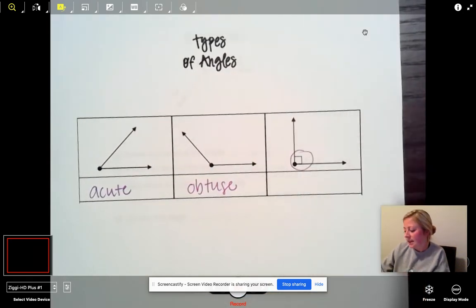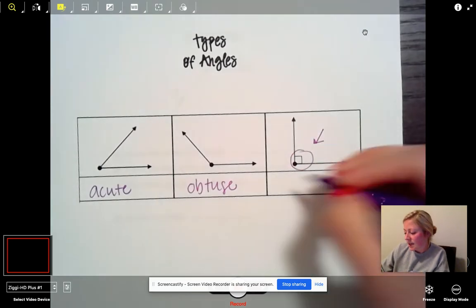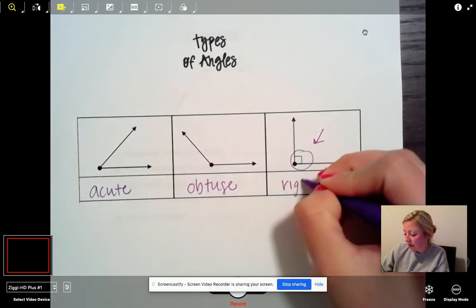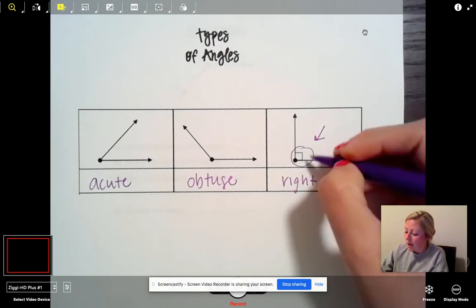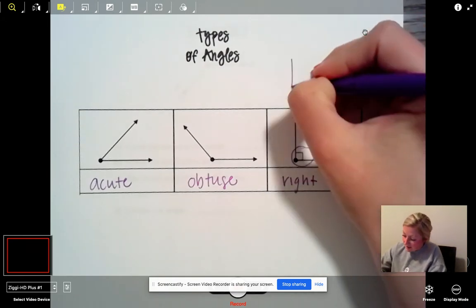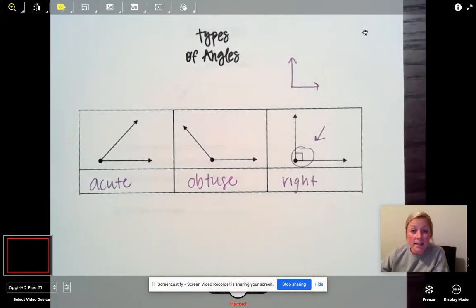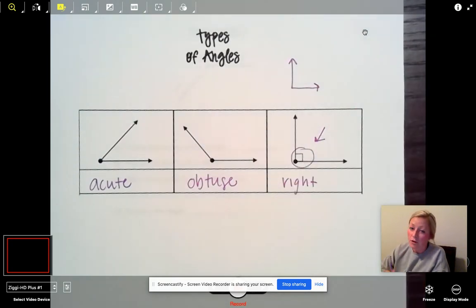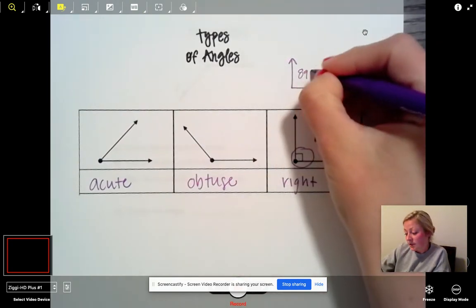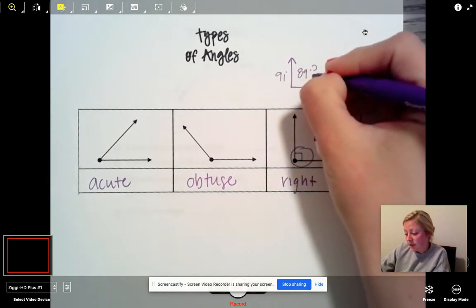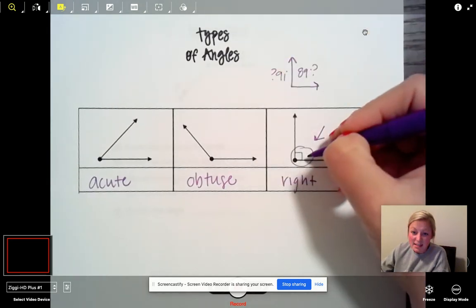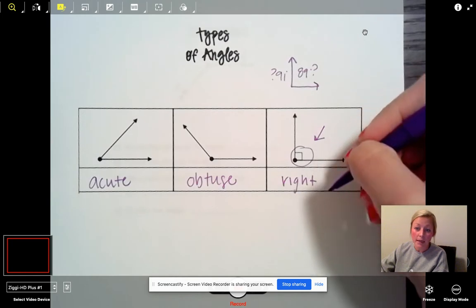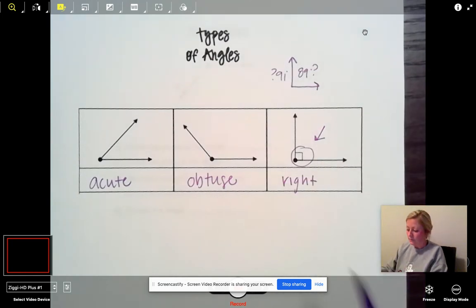And if it's exactly 90, it is a right angle. If an angle looks like 90 degrees but doesn't have that little box in the corner, we don't know. What if it's 89 degrees? Or what if it's 91 degrees? No one knows, so it has to have that box in order for it to be a right angle. So that's your key there.